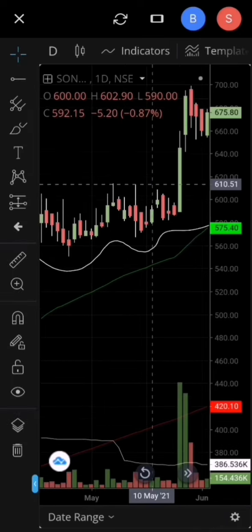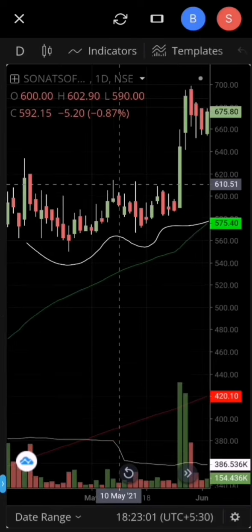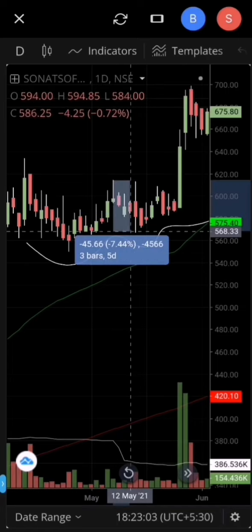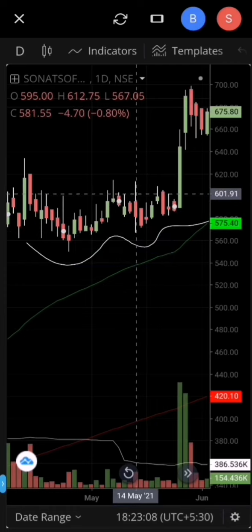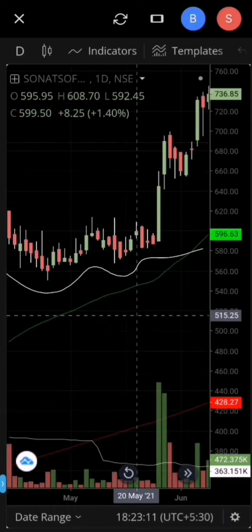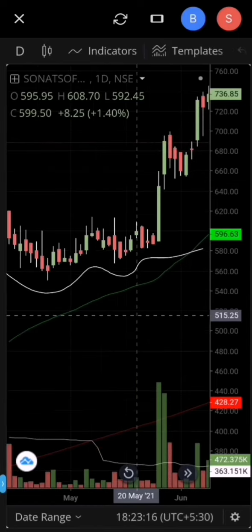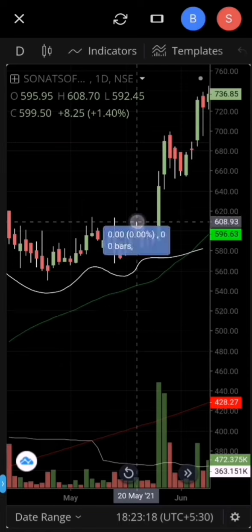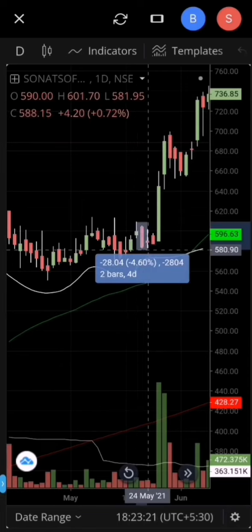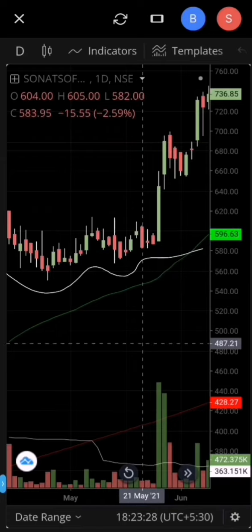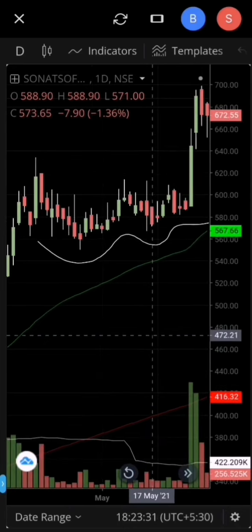Then it went up and again contracted from high to low around 7.5%, the second contraction, and the third contraction, which was even lower than the first two, was around 4.5%. So these were three contractions that appeared during the consolidation phase of the stock.